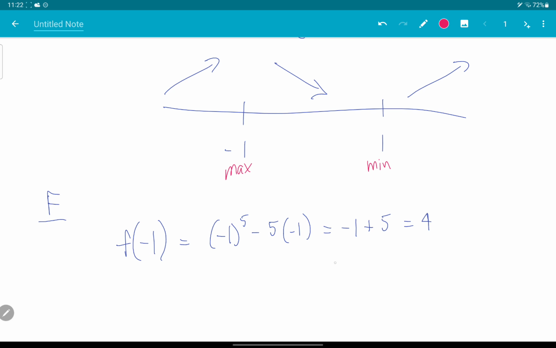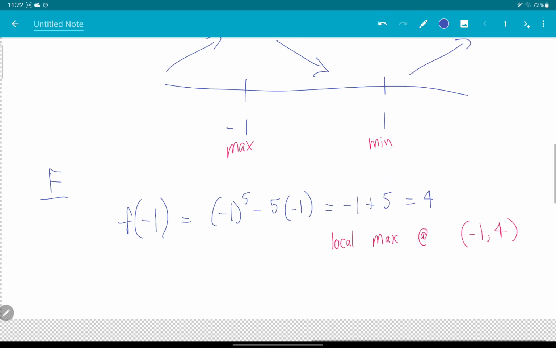So in English we say local max at this point, -1, 4. That's this guy. Now we'll look at the minimum here.